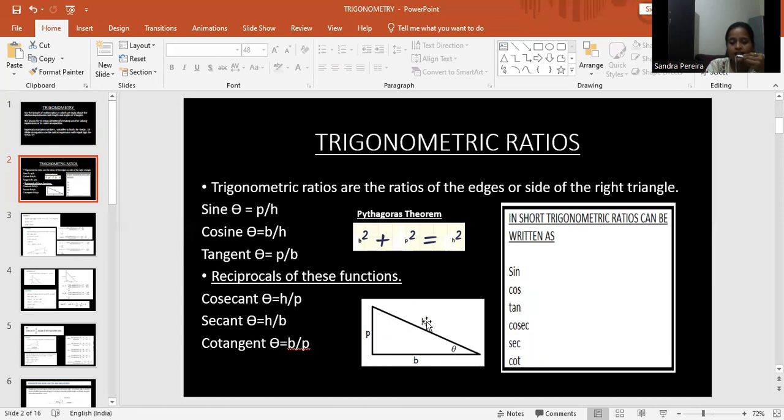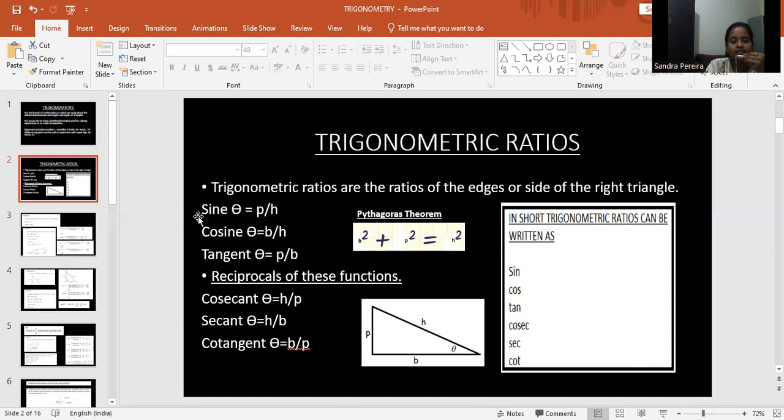It is marked as H. Here we are going to read about ratios. Only these sides will be used to find these trigonometric ratios. Here are 6 trigonometric ratios.